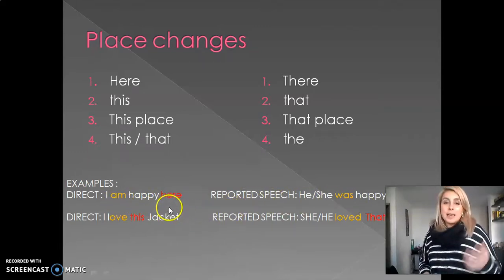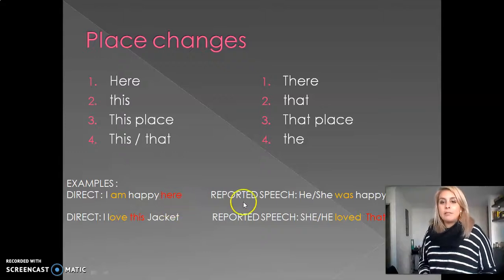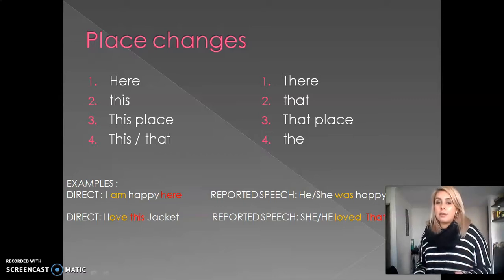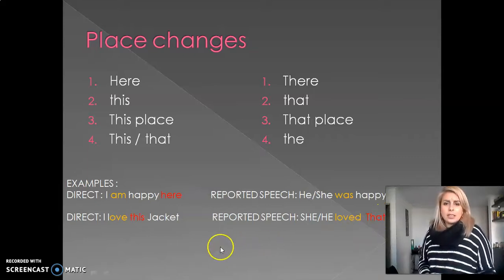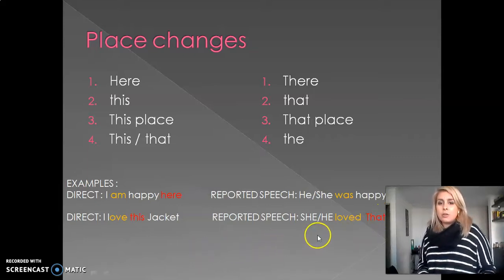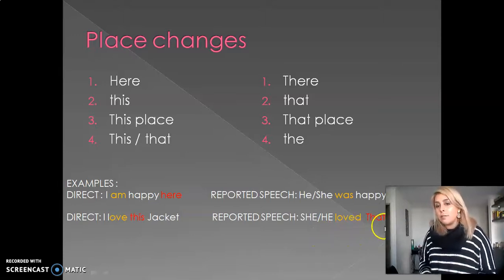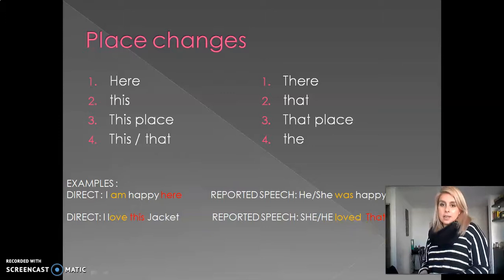And the place expression here is going to change for there. I am happy here, she was happy there, or he was happy there. I love this jacket. He or she said that he or she loved that jacket. This jacket, that jacket.